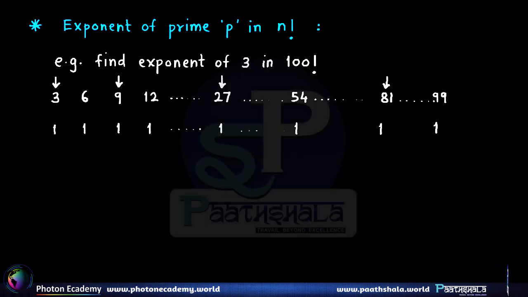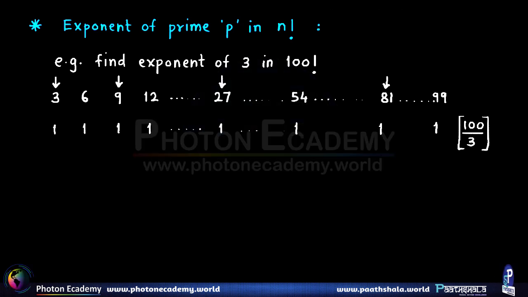Now to count how many such numbers there are, we have to use the greatest integer function, greatest integer of 100 by 3, which is nothing but 33, because there are 33 numbers in 1 to 100 which are divisible by 3. So 3 is definitely going to occur 33 times.